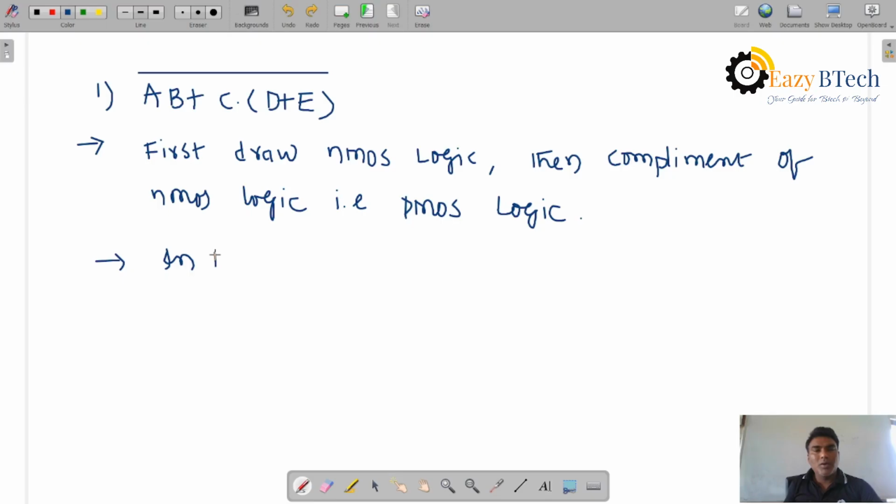In NMOS design, this is the pull down. We can design in CMOS style.